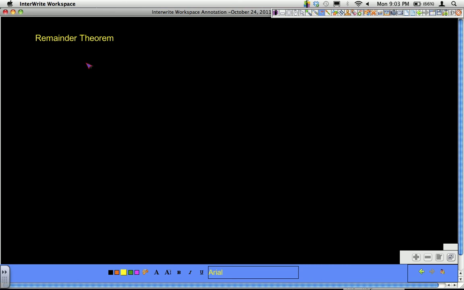Our remainder theorem is going to help us out with a couple things. One of them, it's going to shorten up a problem that in the past, especially if you had a lot of positives and negatives involved in the problem, could really cause some trouble for you and get yourself into some issues too. So let's take a look at this.